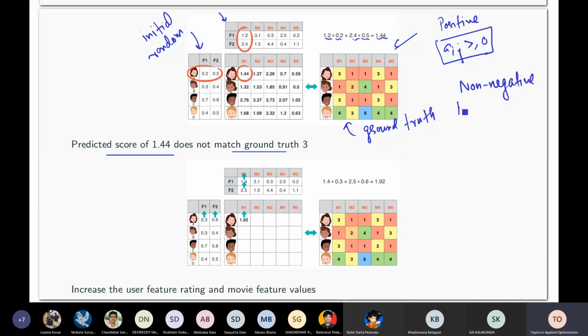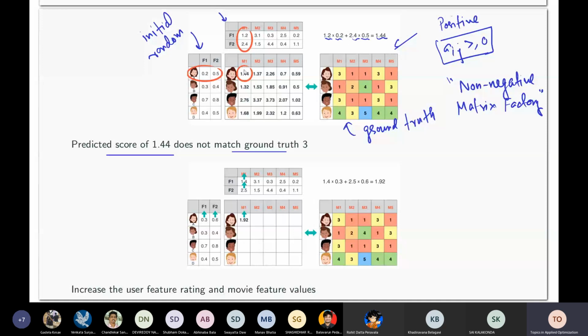If you do a Google search on this, you will see many papers with ideas of non-negative matrix factorization, and one of the applications is on problems where only positive matrix entries are there.